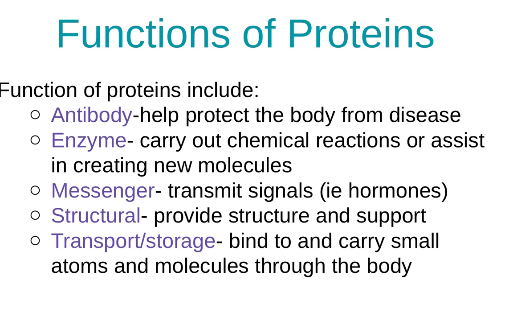Because life-functioning proteins are unique and very complex, they form proteins that have lots of advantages for living things. Antibodies, enzymes, anything that's a messenger, transmitting a signal like a hormone, anything that is structural and provides support and structure. And of course, we use them to transport things, to store things.